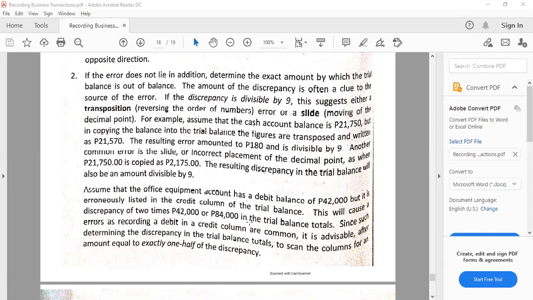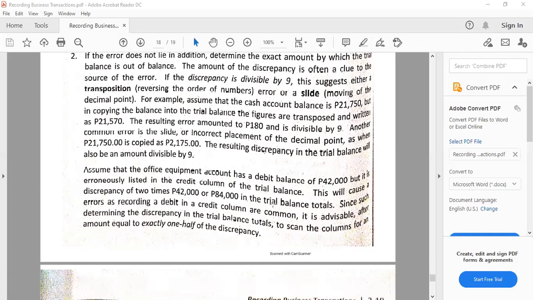Perhaps we placed wrongly, instead of debit for office equipment, we placed it on the credit side. And we look for an amount equal to half of the discrepancy, meaning the difference of 84,000 on the total. So divide by 2, 42,000, and we look at the accounts as to which balance has 42,000.